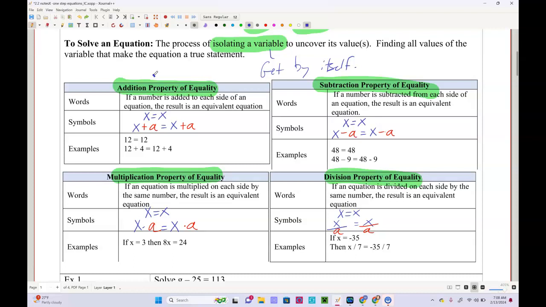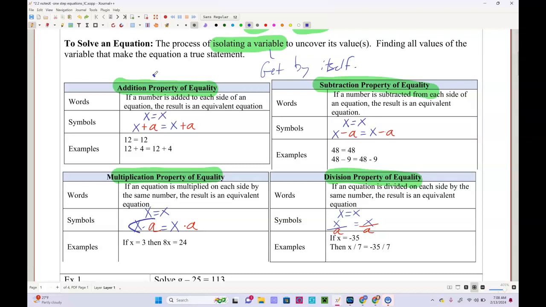If you look at the subtraction property of equality, if I have x equals x and I subtract a from both sides, I say x minus a equals x minus a. I subtract the same thing from both sides, which means that those equations are equivalent. They're going to have the same solution. Multiplication property, same exact thing.